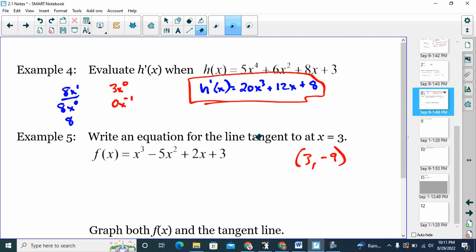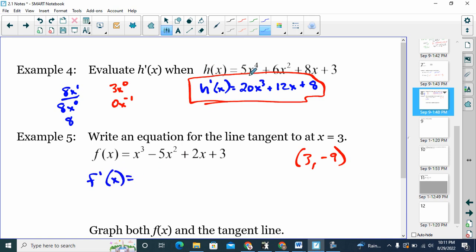To get the slope of the tangent line, remember, it is the same as the slope of the curve. The slope of the tangent line and the derivative are the same thing at the point. So to get the slope of the tangent line, we just need to take the derivative.